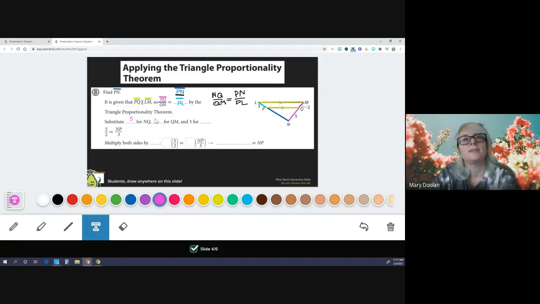And then what are we going to substitute for QM? 2, good. Awesome. And then 3 is going to be replacing what 2 letters?